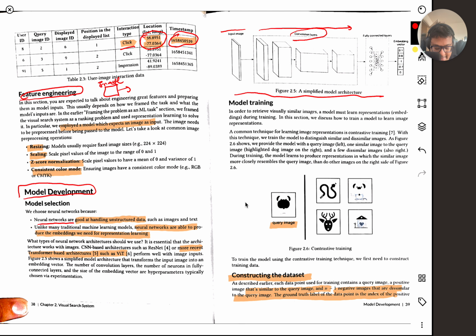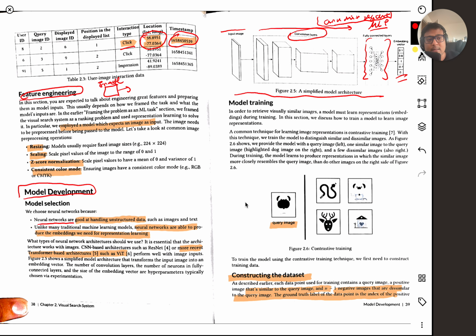And then whatever representation you get, you will output it through an MLP on top, which is a fully connected layer, and it will convert your image into this higher dimensional embedding space which we are talking about. And this whole system is going to be trained end to end by gradient descent. What the data set will look like, and what the training objective will look like, we will talk about in a bit.